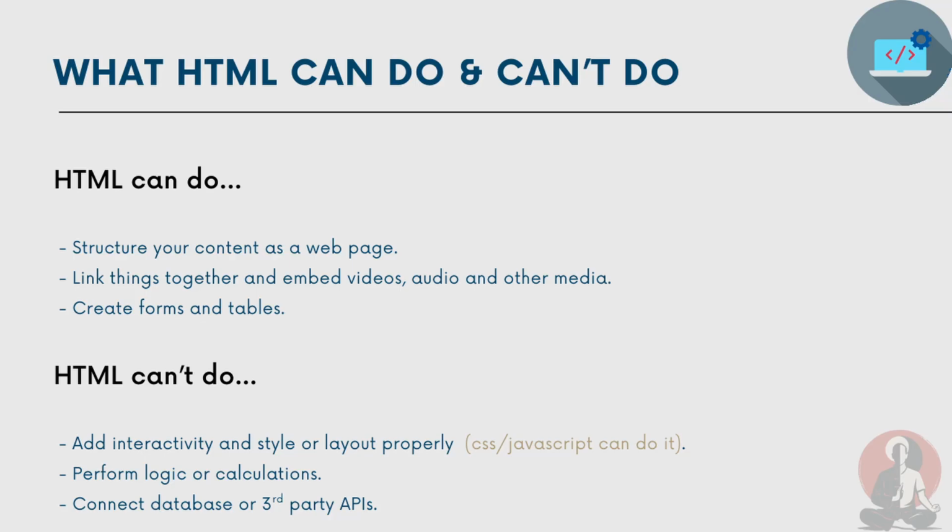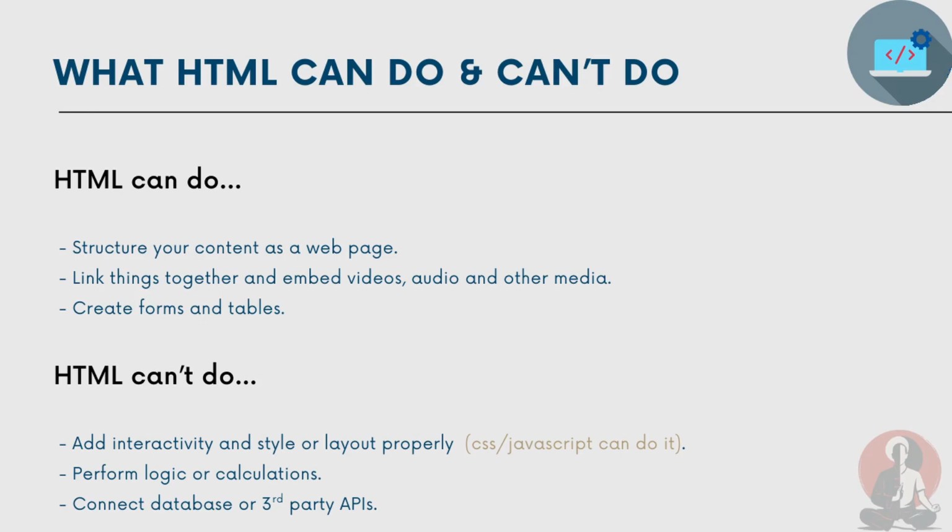What HTML can do and cannot do. HTML can structure a web page, like create headings, paragraphs, lists, add images, videos, audio, and then make tables and forms, create links and buttons, or use semantic tags to give meaning to content like article, nav, and footer.